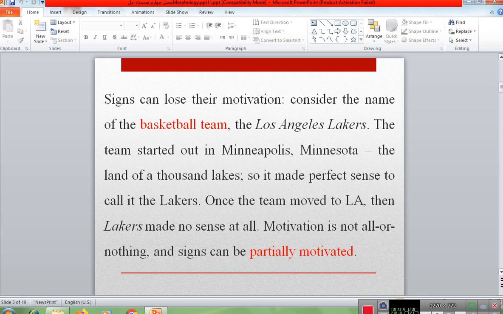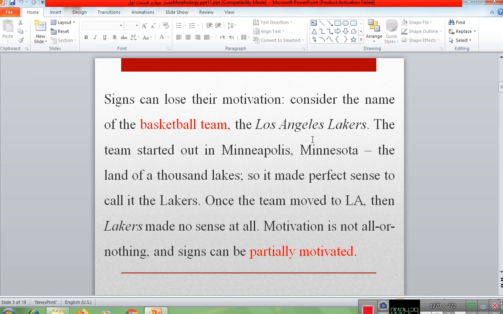Signs can lose their motivation. Consider, for example, the name of a basketball team: the Los Angeles Lakers. The team started out in the land of 1,000 lakes, so it made perfect sense to call it the Lakers.